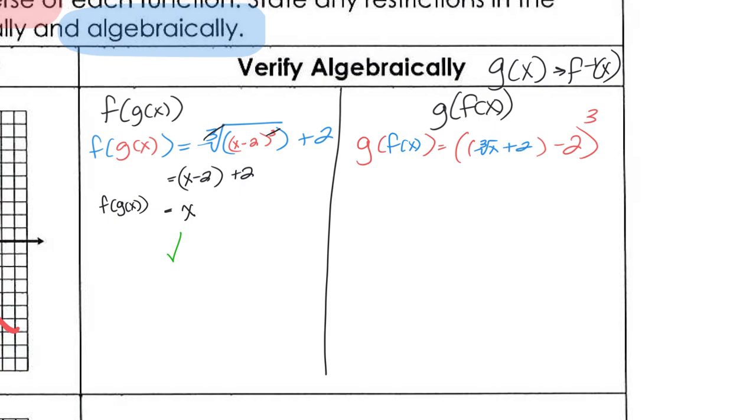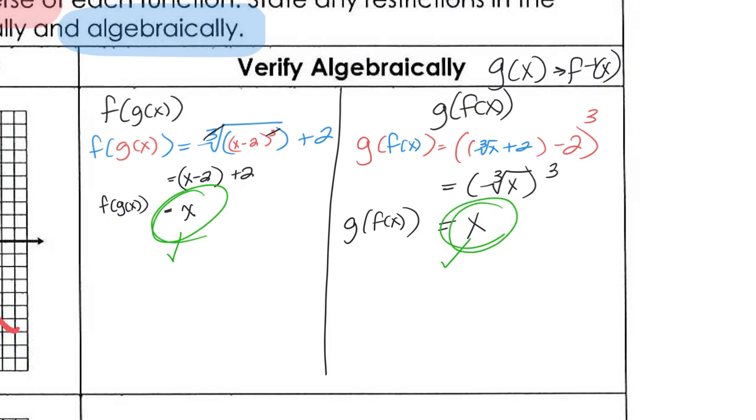So the plus 2, the minus 2, they cancel each other out. So I've got a cube root of x cubed. The cubes and the cube roots cancel each other out, and we're left with just x. And both sides are checking out to be the exact same x value. Therefore, not only is it correct, but it is verified.